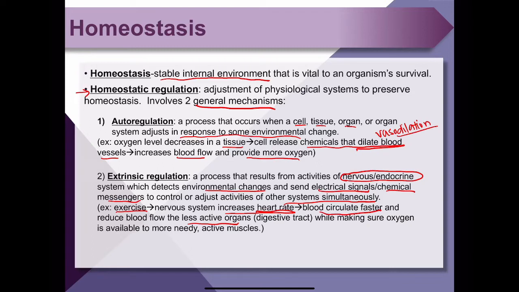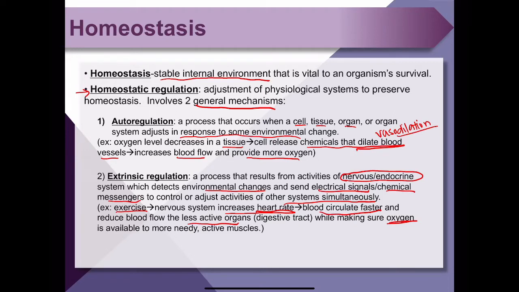We'll talk about the sympathetic versus parasympathetic nervous system at the end of the semester, which has to do with that coordination. So the nervous system will reduce blood flow to less needy organs while making sure oxygen is available for the actively moving muscles, for example when we're exercising. So that's what's called extrinsic regulation, something that involves signals, hormones, neurotransmitters, and nerve electrical signals that activate a response.